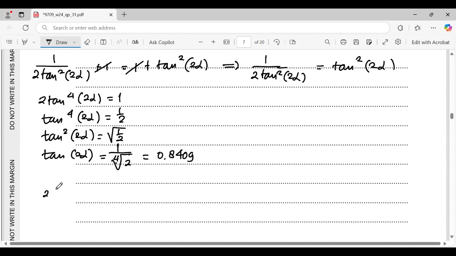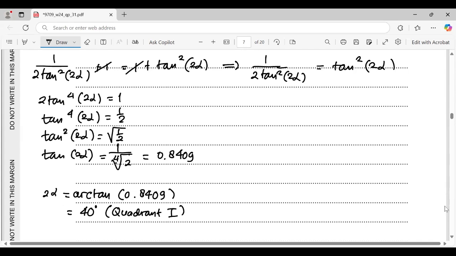So 2 alpha equals arctangent 0.8409, and it is 40 degrees. This is on quadrant 1.